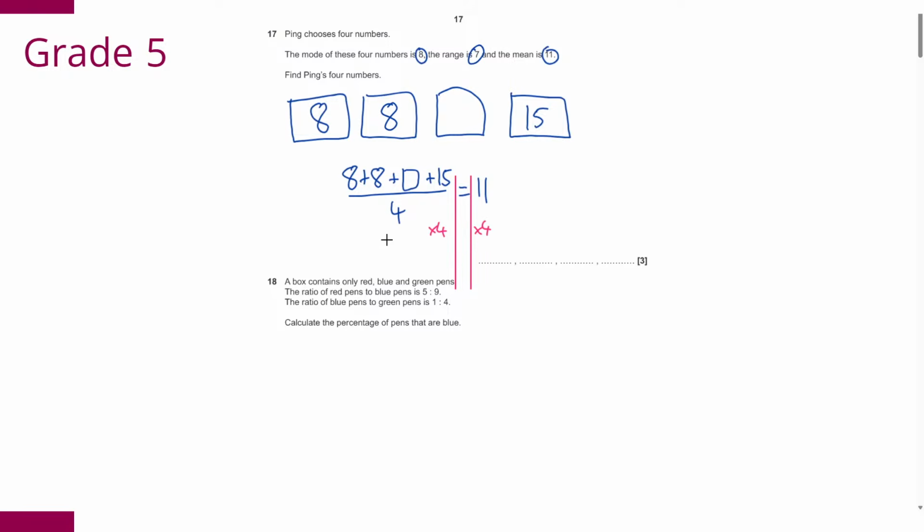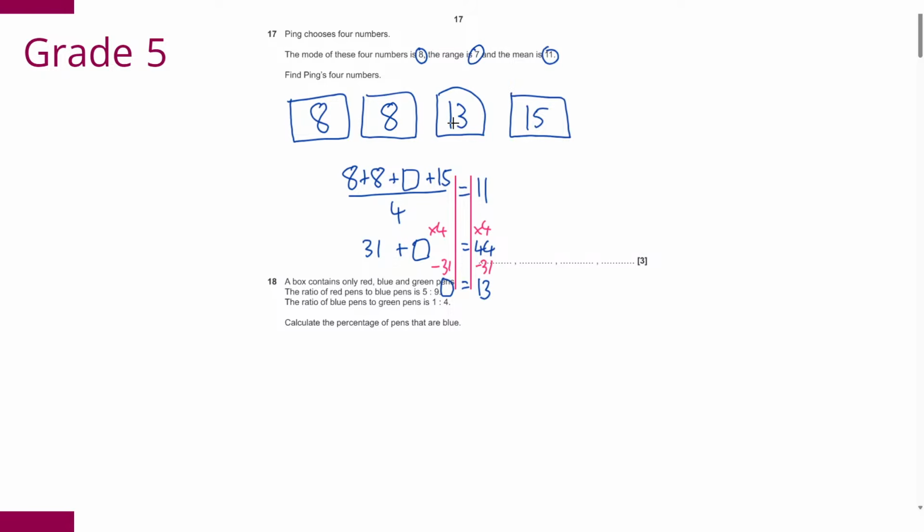And so we've got, what is it? So I'm going to use my calculator again. 8 plus 15. Okay, 31 plus the unknown equals 44. Right? Take away 31 both sides. And we've got box equals 44 minus 31, which is 13. Sweet.